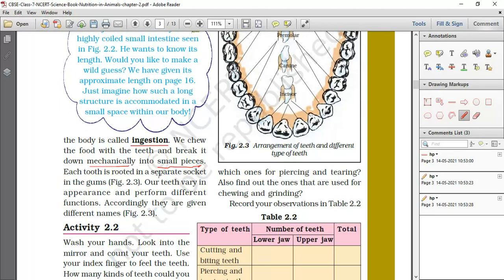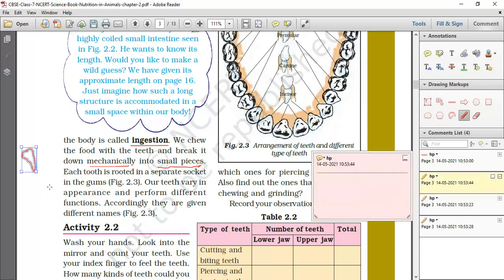Each tooth is rooted in a separate socket. For example, this is a tooth. It is embedded in a socket. All the teeth are embedded in different sockets.